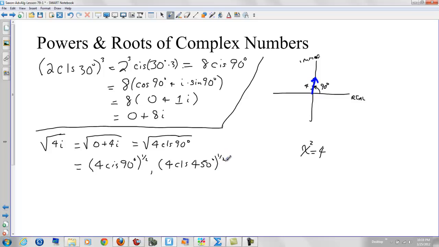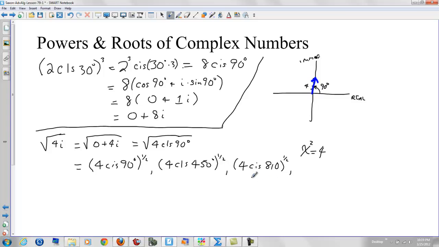If I raise that to the 1/2, we can see what happens. Or I could call that angle, well, if we go around again, that's going to be what? 450 plus 360 is 810. So we'd have 4 cis 810 to the 1/2. And we need to keep playing this game until we make sure that we have all the unique solutions.